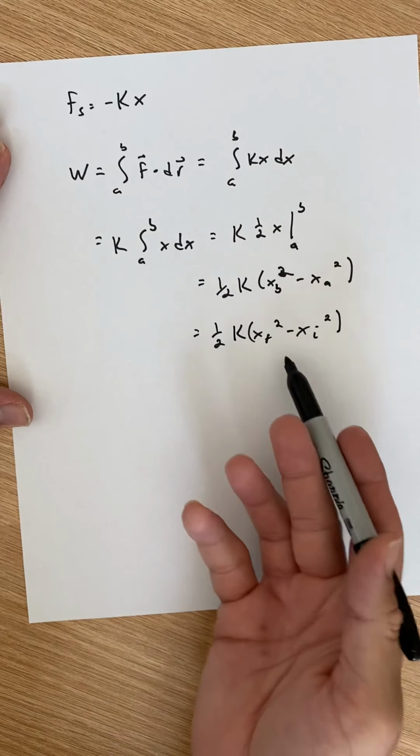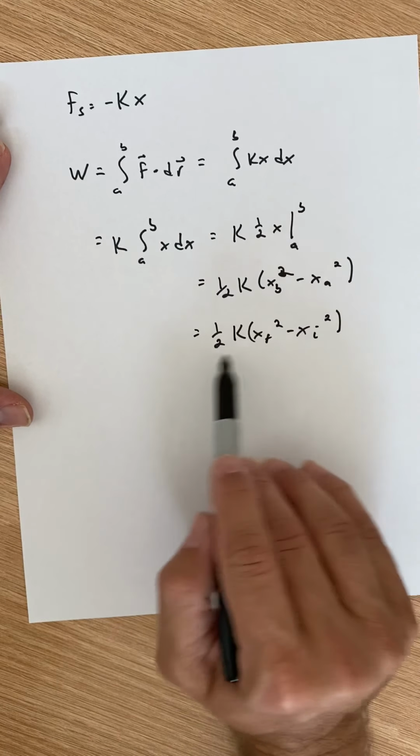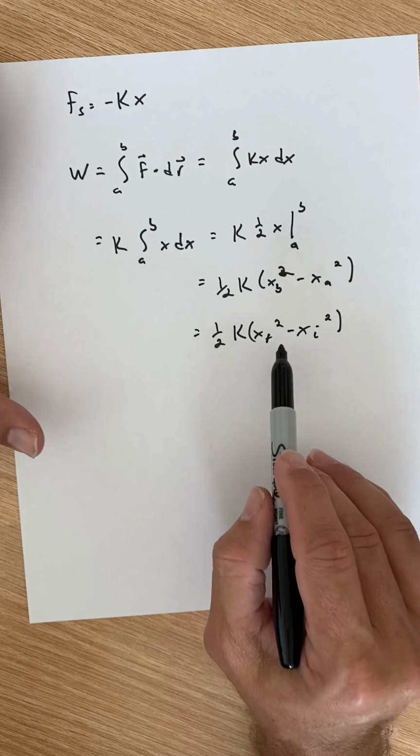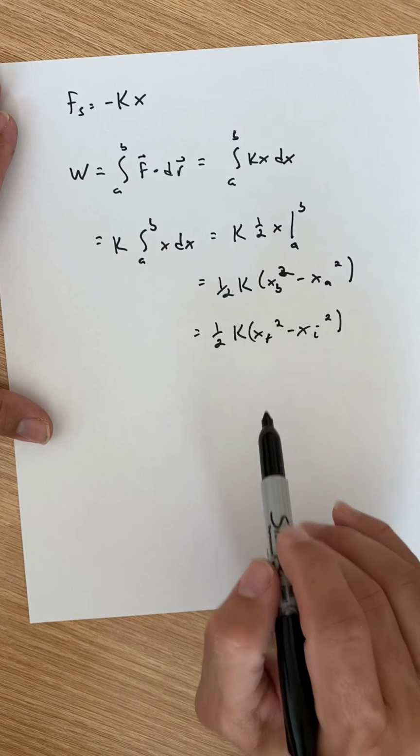Now here's the general equation, right? This is where we should stop and say, okay, this is the work, at least the magnitude of the work done by a spring on an object if it moves it from this position to this position.